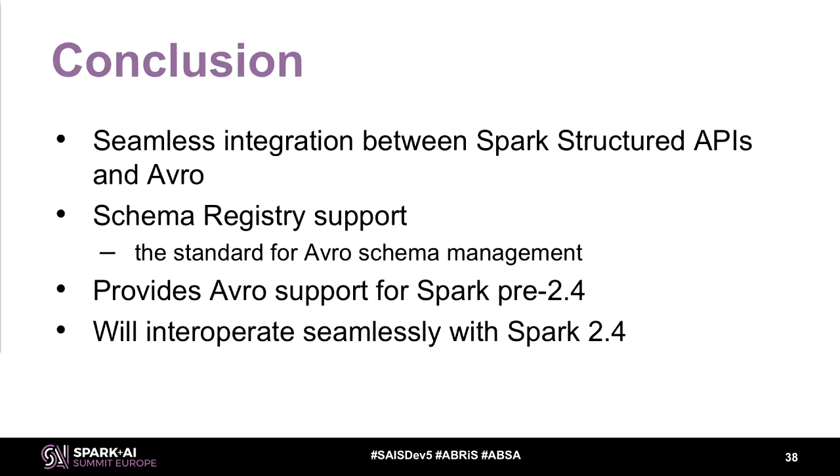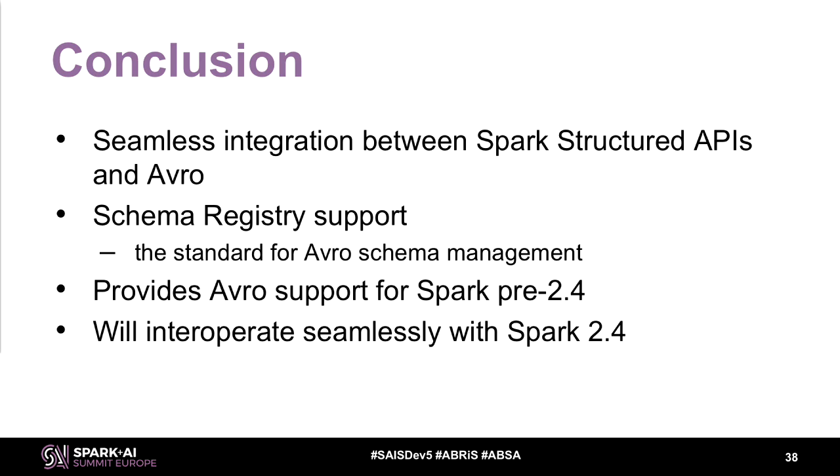So to wrap up, what we expect to have been able to present here is that we have tried to create an API that offers a seamless integration between Spark structured APIs and Avro data.